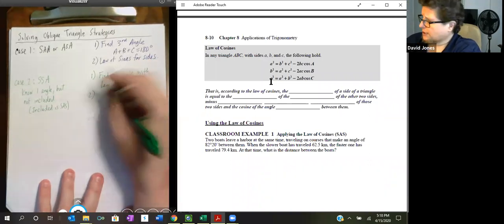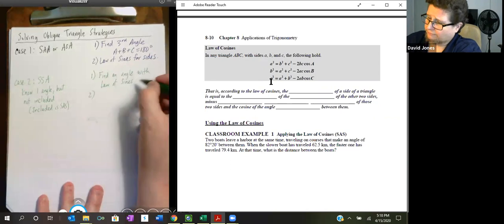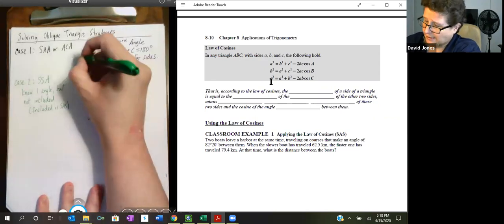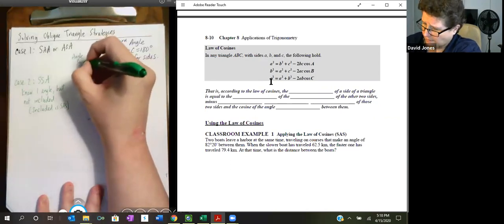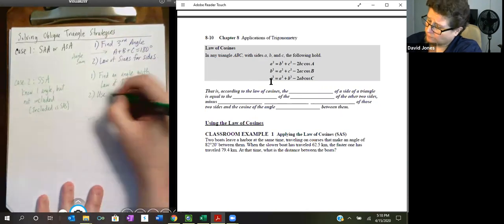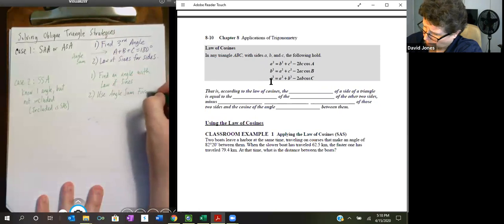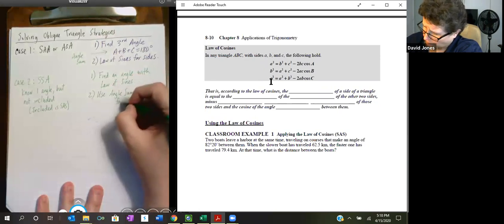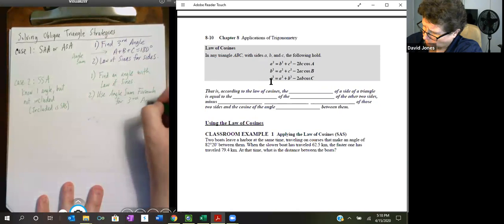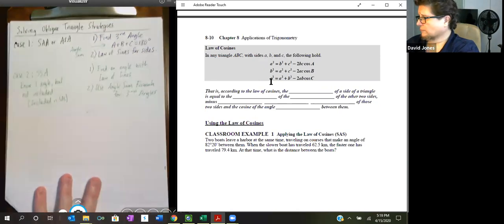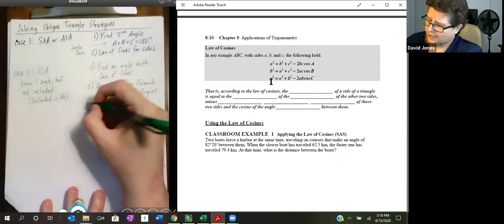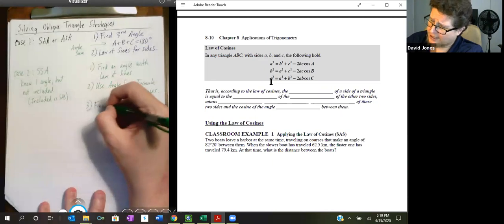Then we used the angle sum formula. Then find the last side with law of sines.